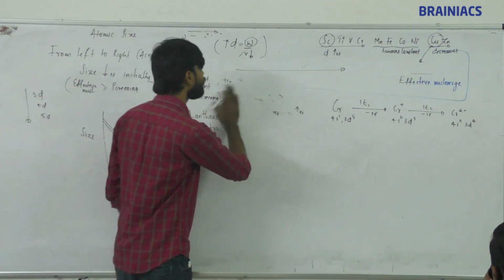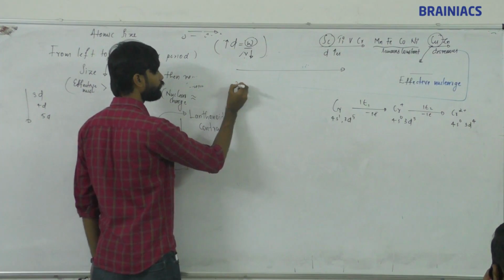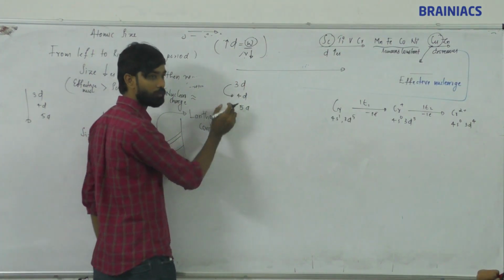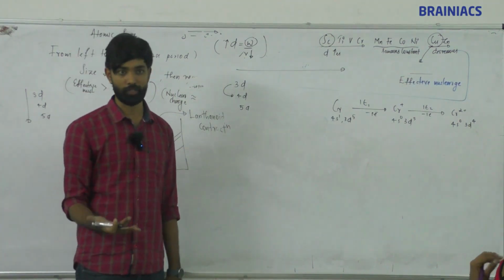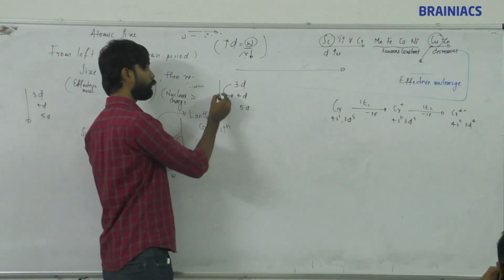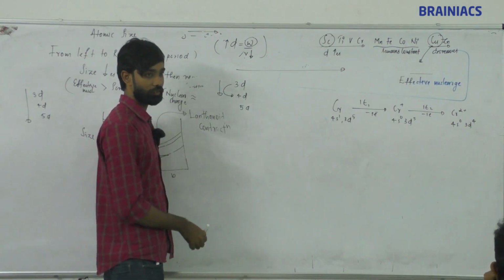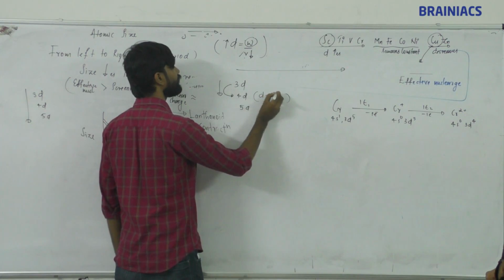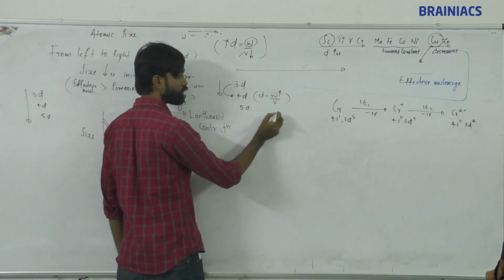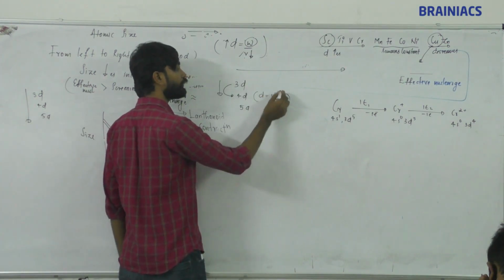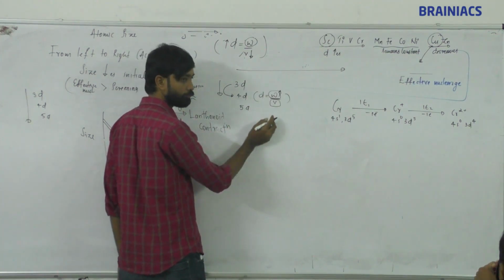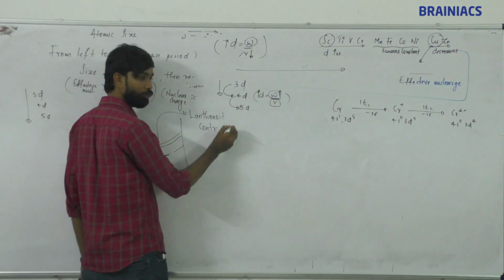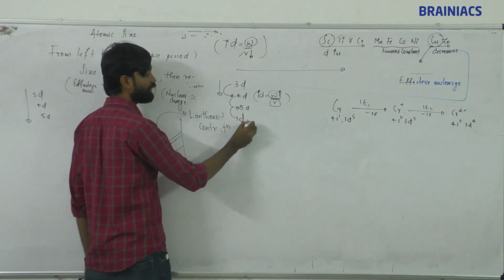But down the group, there is a considerable change in atomic number and mass. Mass increases, which means density also increases. So relatively, the mass factor dominates, hence density increases. But from 4d to 5d, density nearly doubles.